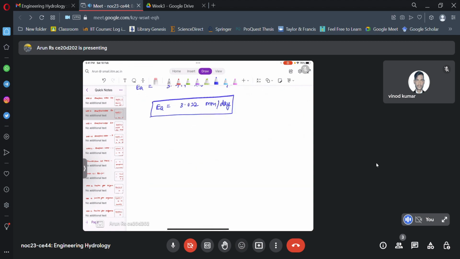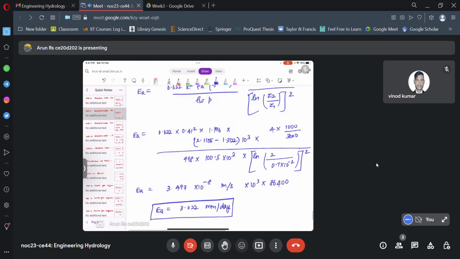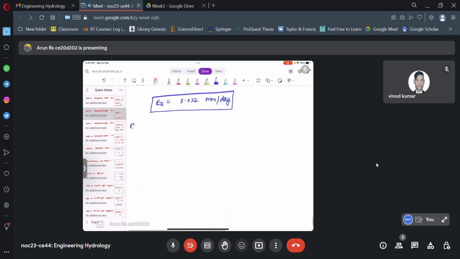So next is the combined method. This is also a familiar expression. E is equal to delta by (delta plus gamma) into energy balance method evaporation, plus gamma by (gamma plus delta) into aerodynamic method evaporation.